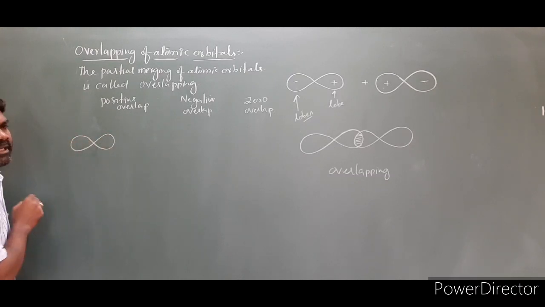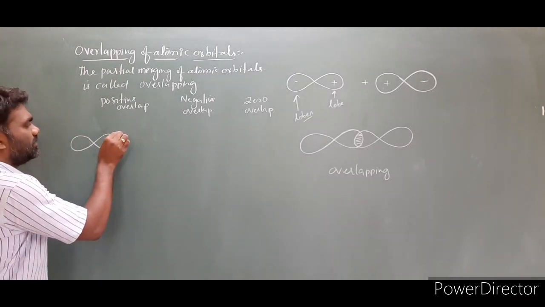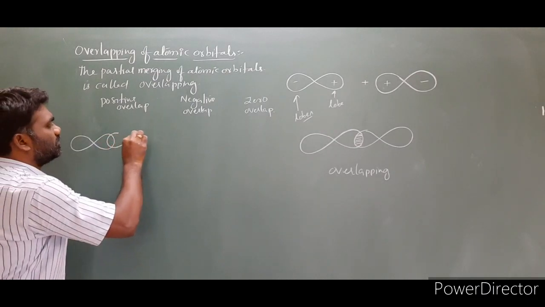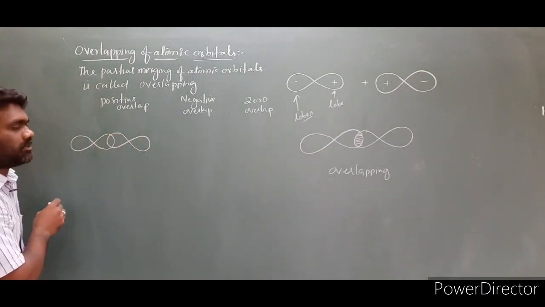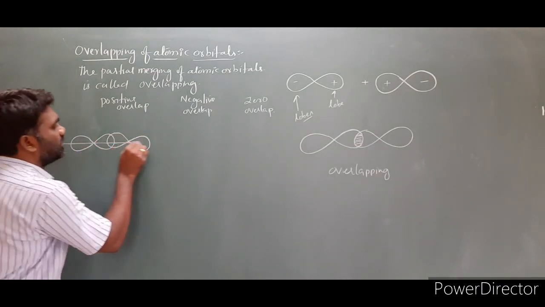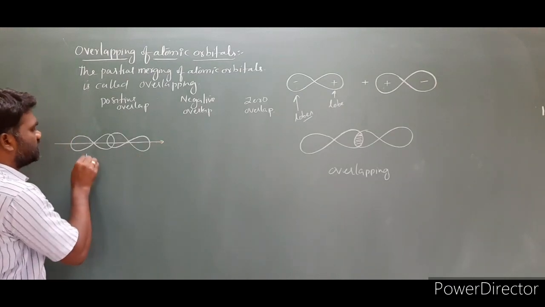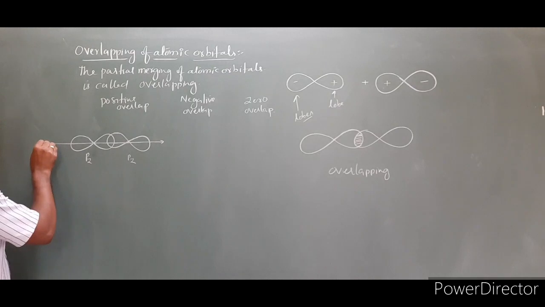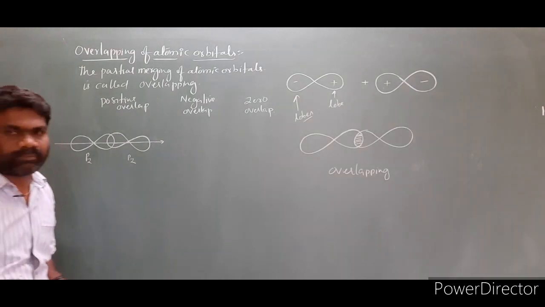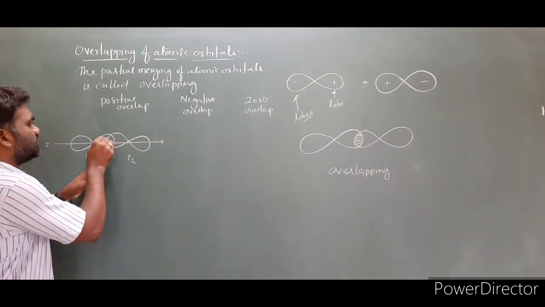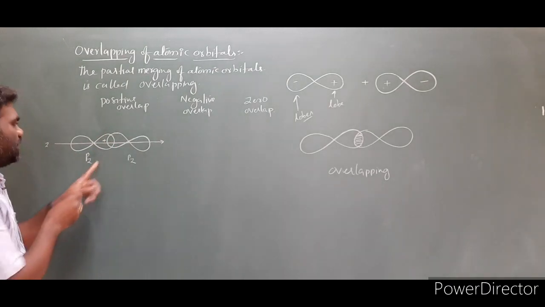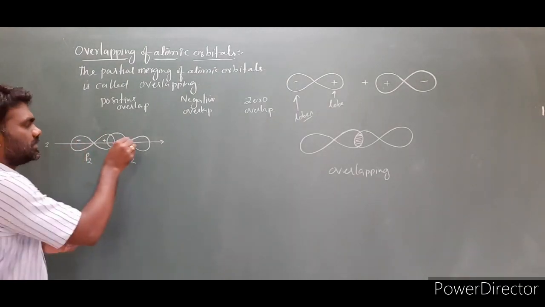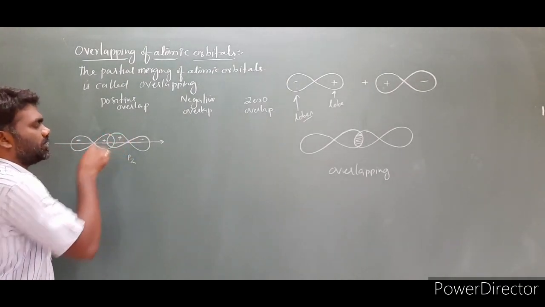This is one p orbital and this is another p orbital. Imagine these are pz orbitals, labeled along the z axis. This lobe is positive and this lobe is negative; on the other orbital, this lobe is negative and this lobe is positive.